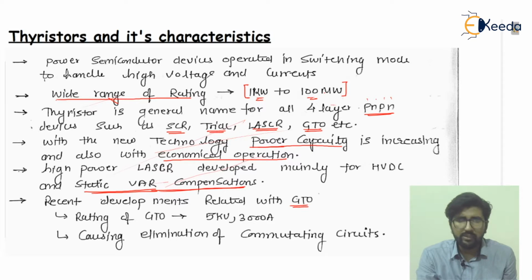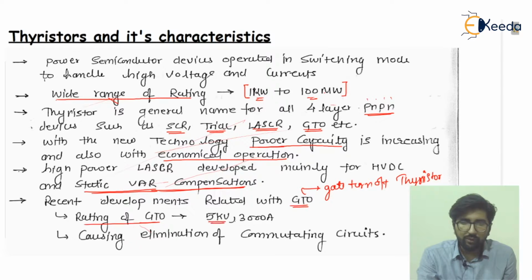If I talk about the recent developments related with these Thyristor technologies, for the GTO, that is the gate turn off Thyristor, the rating is 5 kilovolt and 3000 ampere.